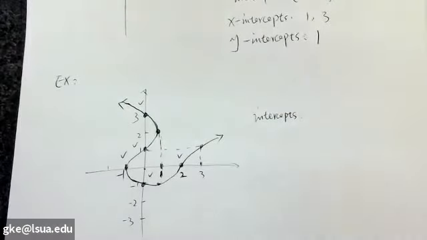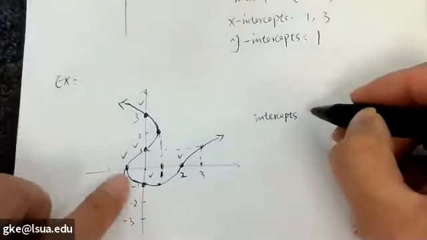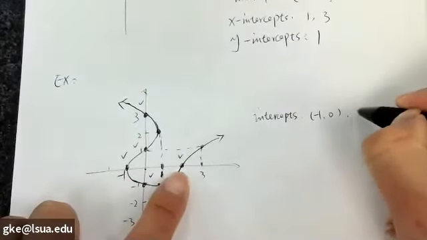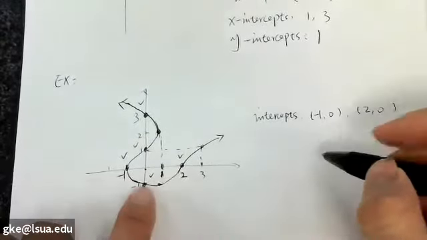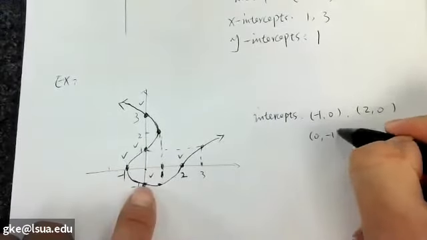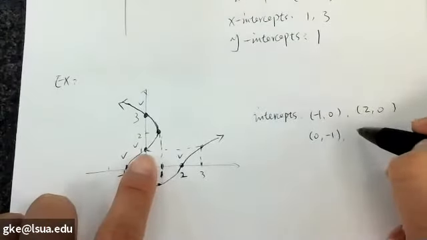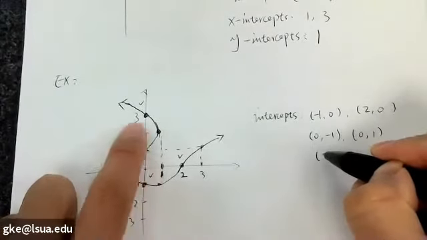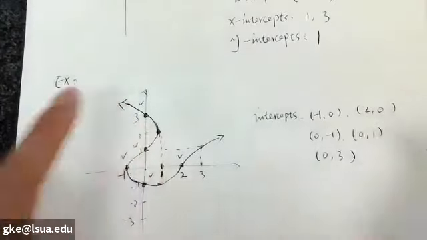Okay, after you find these 5 points, just write down the coordinates, right? So for the first point is -1, 0. Second point, 2, 0. For the third point, 0, -1. This point is 0, 1. The last one is 0, 3.